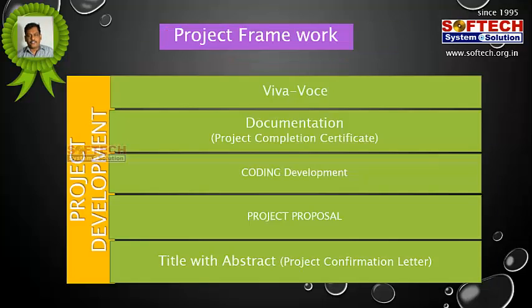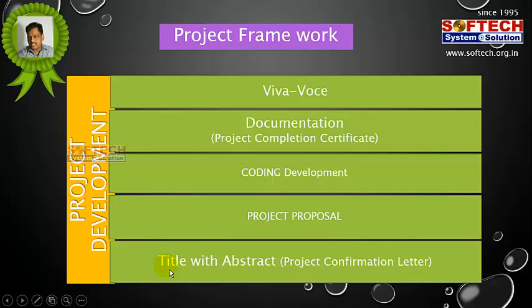So, project framework. First, the student wants to select the domain, it may be image processing or data mining or biometrics or semantic web. First the student wants to find the domain.